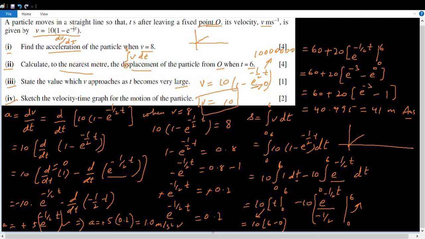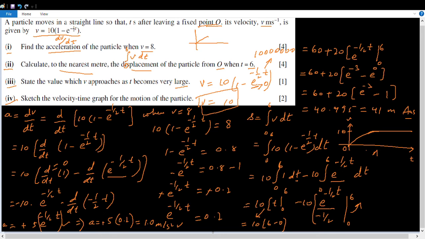Okay, and its height will be 10, because we have seen that the maximum value of v is 10. This is v and this is t, and then it will turn to a straight line and move straight. This is the sketch of the velocity time graph.